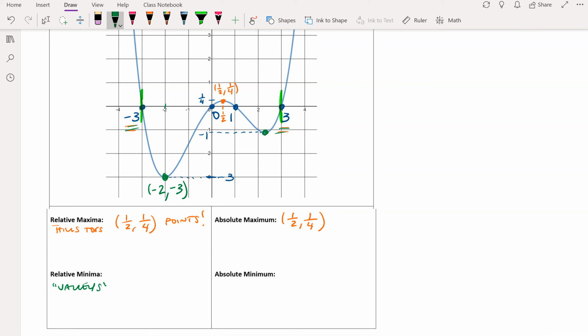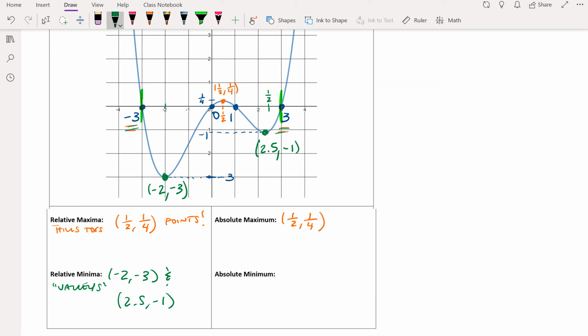And then the second valley happens at like 2, let's call that 2.5. I know it's not perfect. So you can write 2.5 if you want. We'll use a decimal in this case. And then let's say that y is -1. It's not perfect. So all of the minimums, or the relative minima, are (-2, -3) and (2.5, -1).